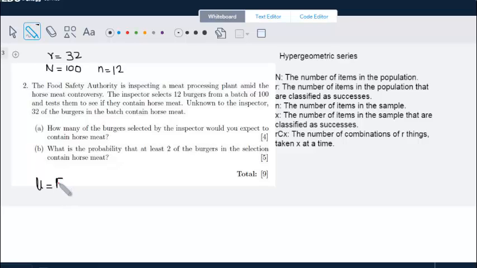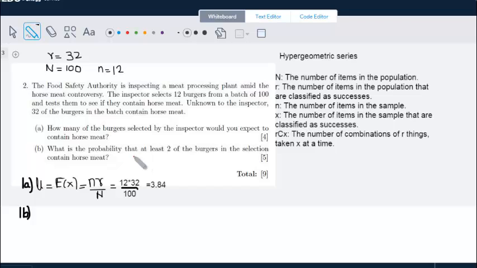E of x is, as given in the formula, n times r upon N, which is 12 times 32 upon 100. You can see the answer to this comes to 3.8.